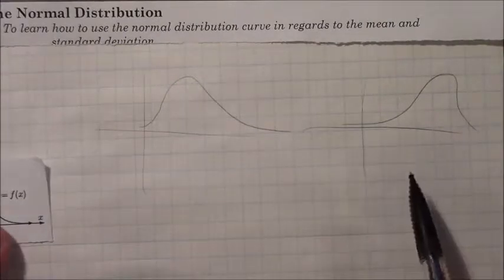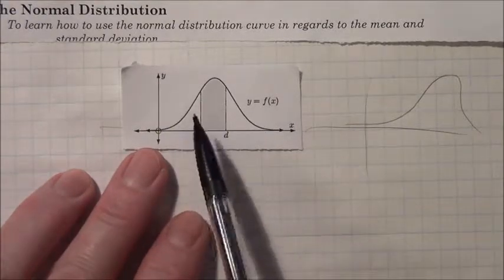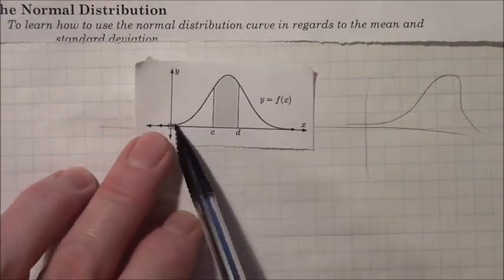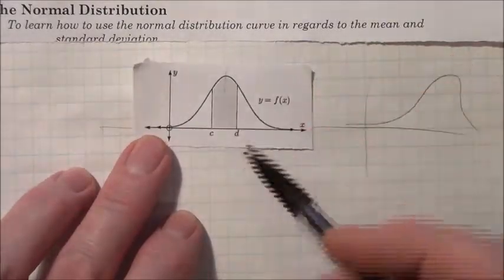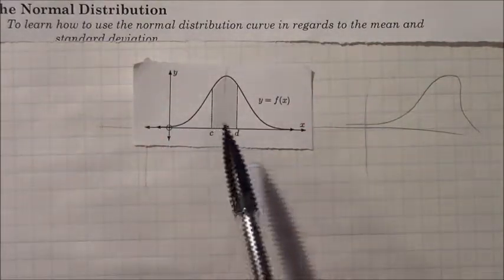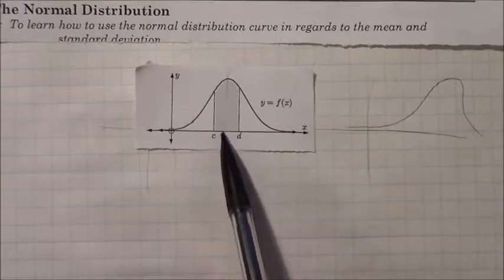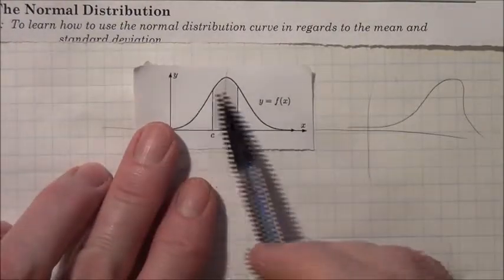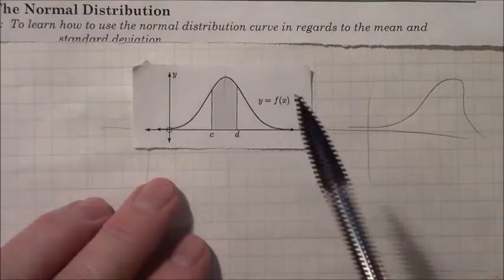But the normal distribution is where we have symmetry, where it's all normally distributed about the mean, which is in the center. We know the mean and the median and the mode are all equal. Everything's all symmetrical and beautiful, and so it looks like this bell shape.